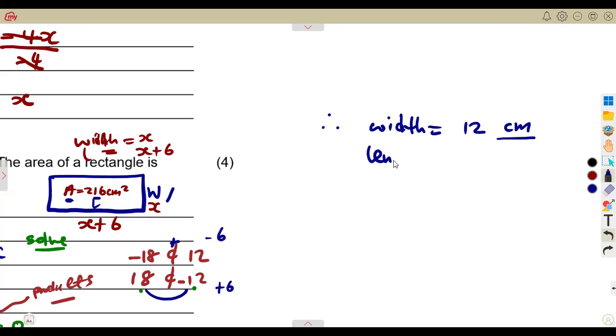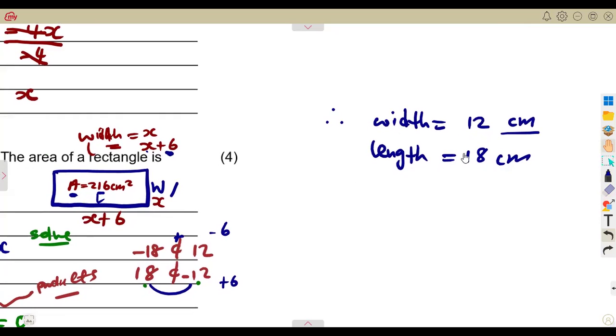So if the width is 12 centimeters, what about the length? The length is x plus what? X plus 6. So if you take this 12, you're going to see that it's 12 plus 6, which is 18. That is the 18 that we had there, only that it was a negative. As you work this, yes, it's an equation, it gives you a negative, but you know that length cannot be negative.